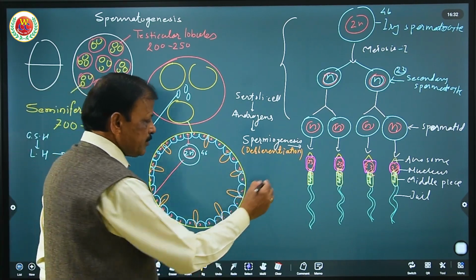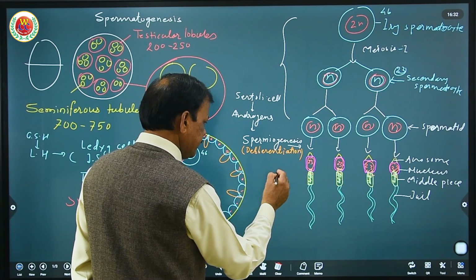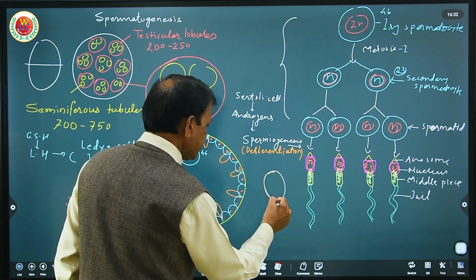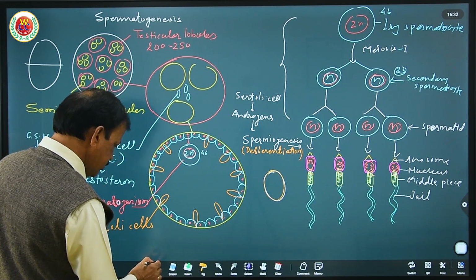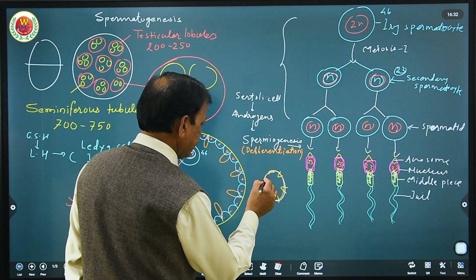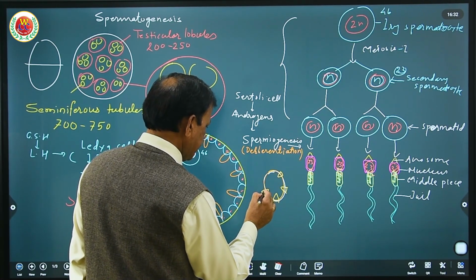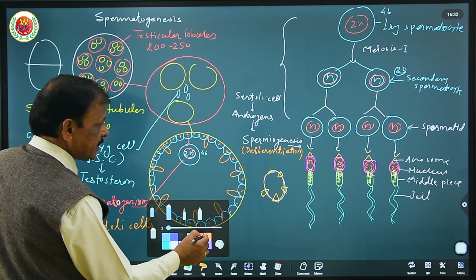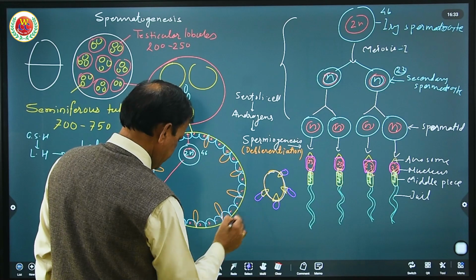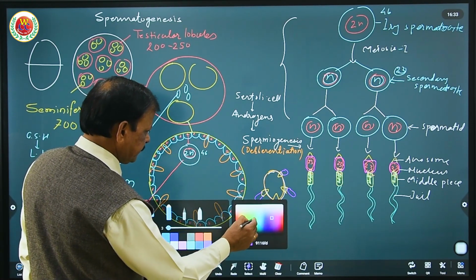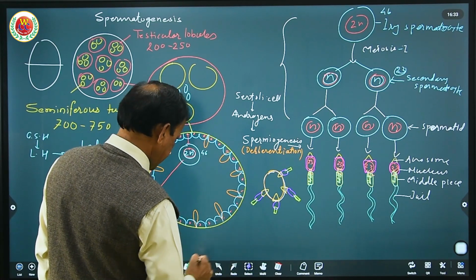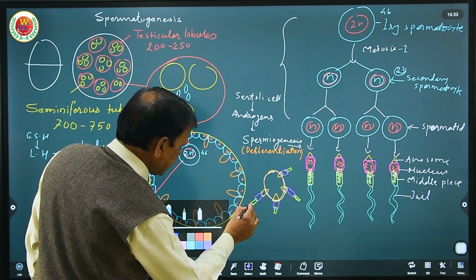So this is the spermatozoon. The head of the sperm remains embedded deep into the Sertoli cell, and finally the tail remains outside.